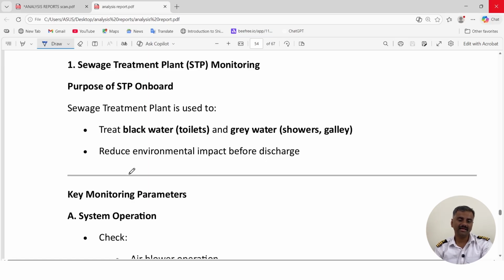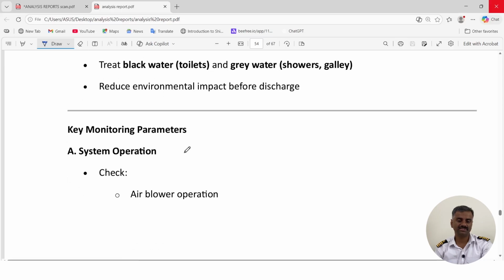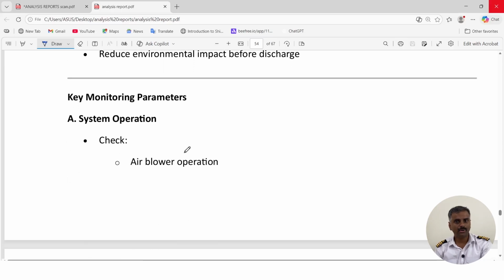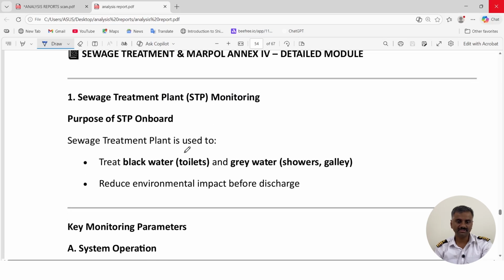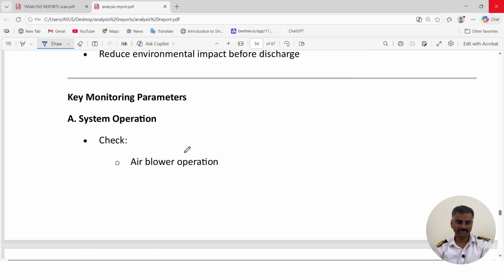So this needs to be monitored, treated and disinfected, and only then should the sewage be discharged into the sea. Only in the open sea can you discharge sewage as per the MARPOL regulations. And near the coastal areas, at all times you have to discharge sewage through the treatment plant.